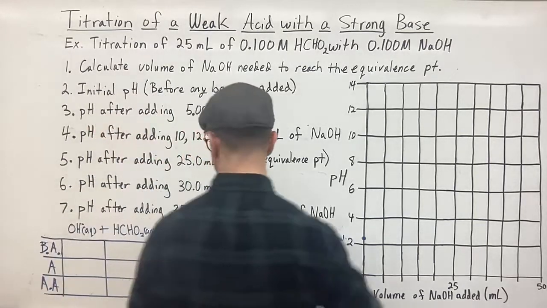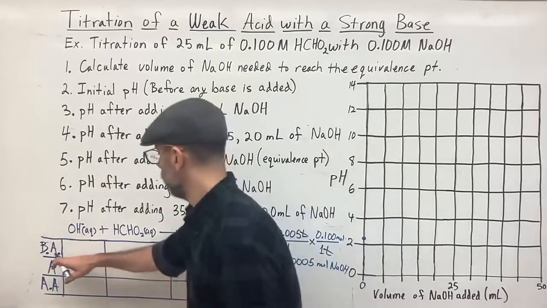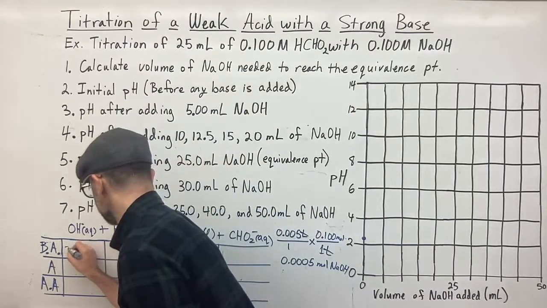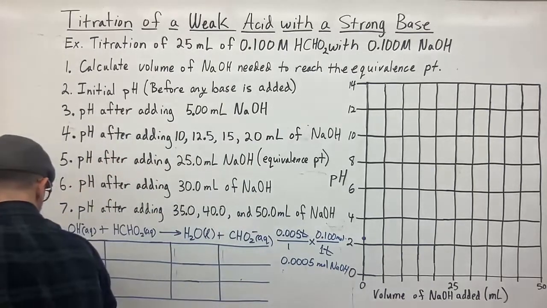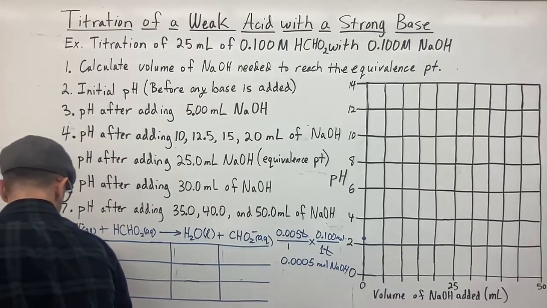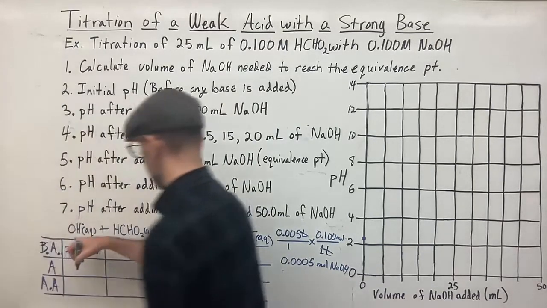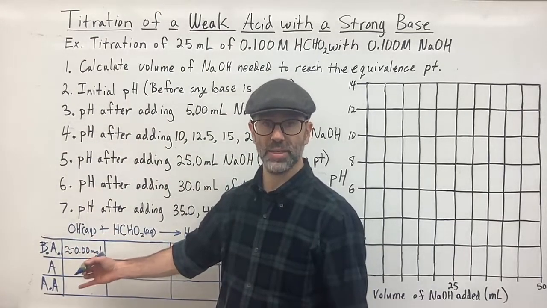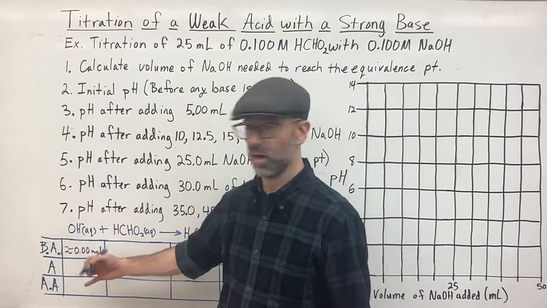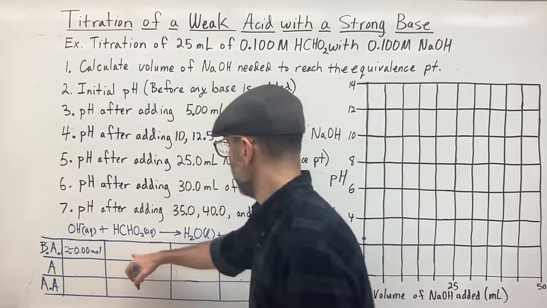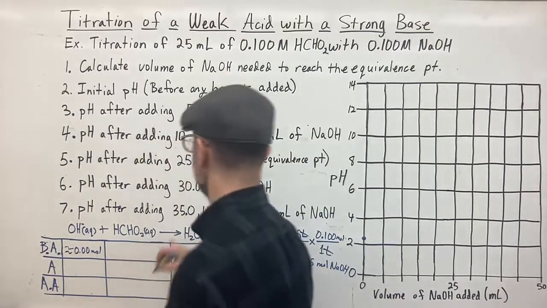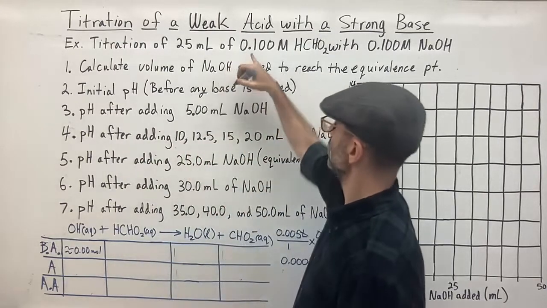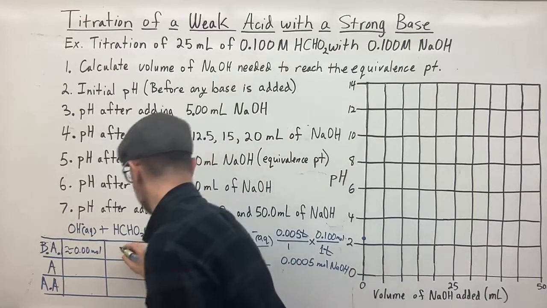So let's add that to our table. So what do we have before we add? We have practically zero, so practically 0.00 moles of our OH minus. The only OH minus we have here is from the autoionization of water, which is very, very small. We have 0.100 molarity of the acid.